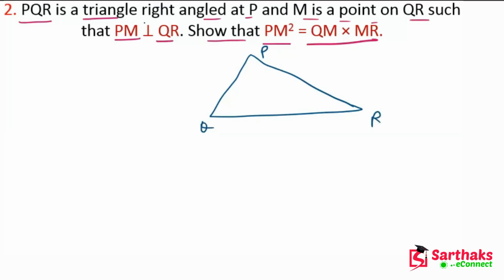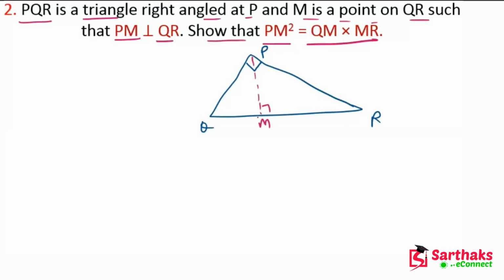PQR is a triangle right angled at P, and M is a point on QR such that PM is perpendicular to QR, means this is a perpendicular line, and this point is M. Okay, I hope you understand these things.